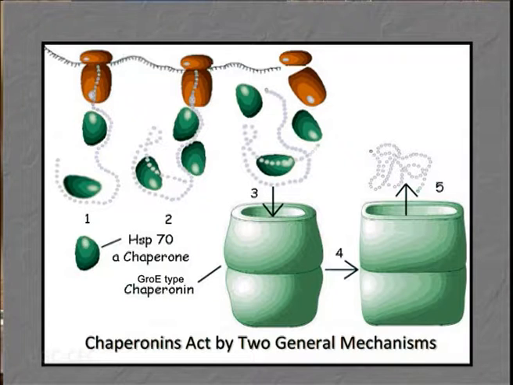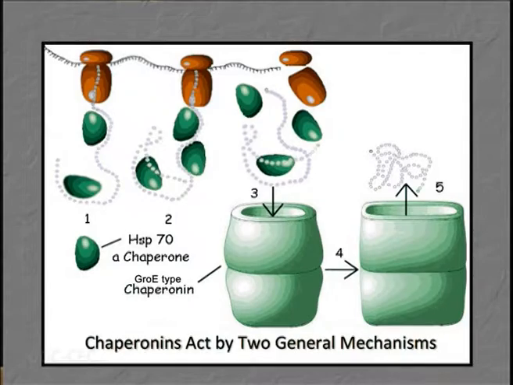Let's have a look at the chaperones that prevent misfolding. This mainly comprises heat shock protein 70. It binds to the hydrophobic domains of the proteins and prevents their misfolding. And they release the protein and allow it to fold properly.